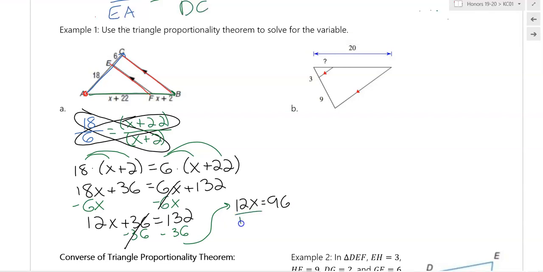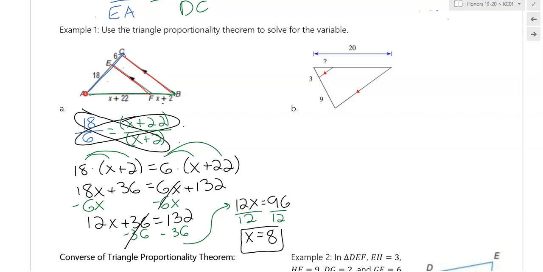Now I want to get rid of that 12. X equals 8. I'm trying to do some of the math in my head. So again, you can always use a calculator, and then we get x equals 8. So again, once we get to here, it's the same, right? It's just now we have a shortcut rule for how we can set up that proportion.